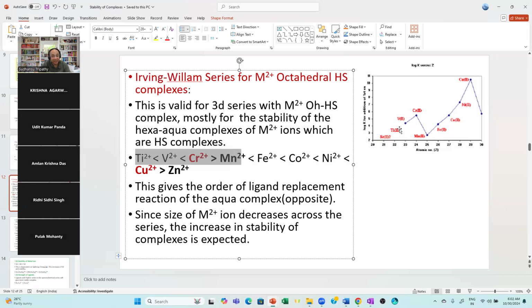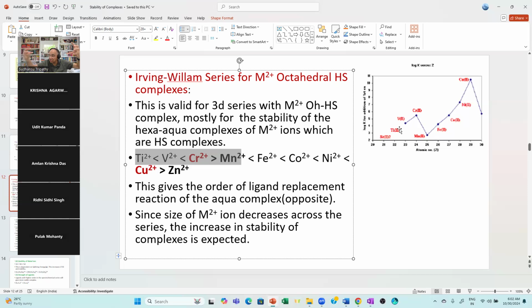Then we have given from titanium. For metal atoms, the size decreases with some irregularities: first it decreases, then remains constant, then towards the end it increases, as we have studied. But for +2 ions, there is a gradual decrease in size from titanium 2 plus to Zn 2 plus.